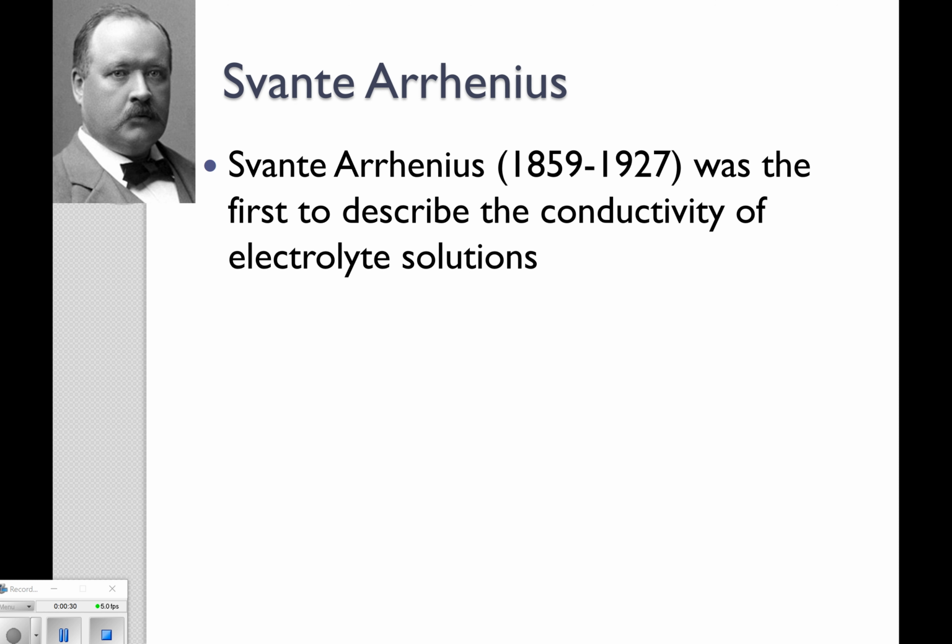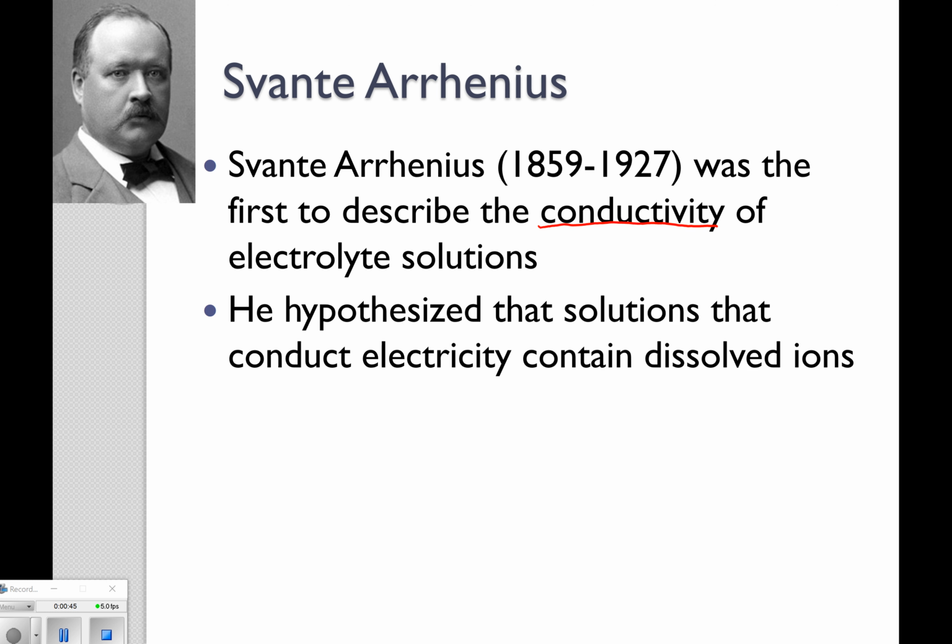So to start, Svante Arrhenius, who was around in the mid 19th to early 20th century, was the first to describe the conductivity of electrolyte solutions. Now we learned about this last unit, as ionic solutions do conduct electricity because they are considered electrolytes.